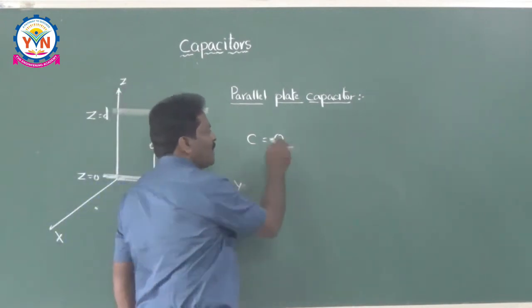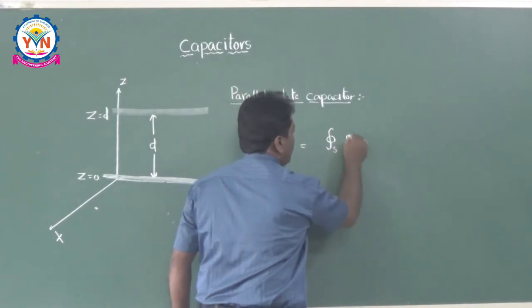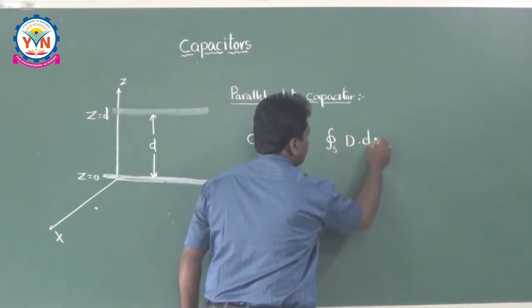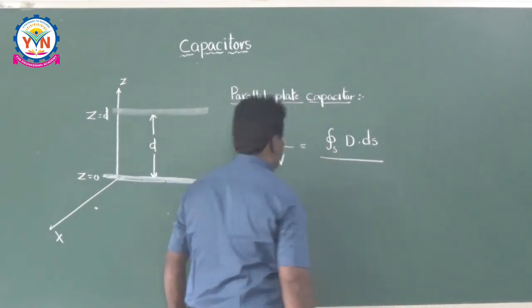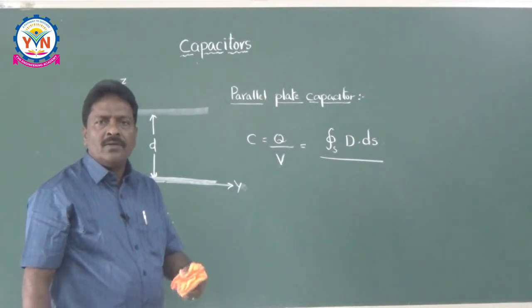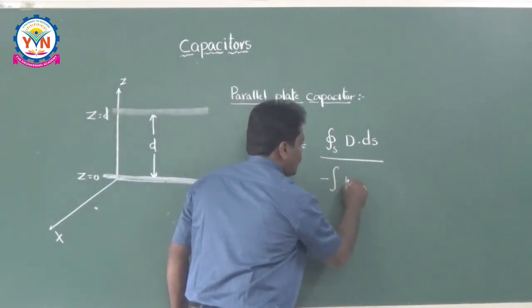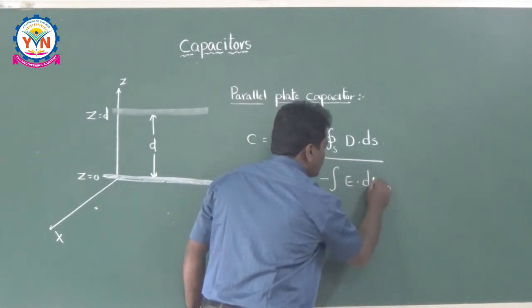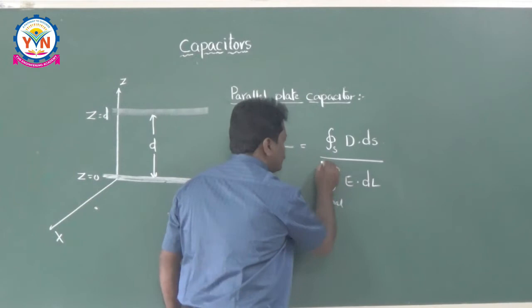So, Q is nothing but the closed surface integral D dot dS, which is the charge enclosed, divided by the potential. How to define the potential? You can define the potential as minus integral E dot dl, and integration should be carried from initial value to final value.